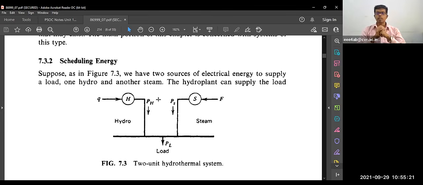Then the cost involved in the steam generation will go very high. Instead of paying a per unit cost of 5 rupees, we will pay 20 or 30 rupees if it is generated only with the steam power unit. So in that scenario, we are going for coordinated generation.